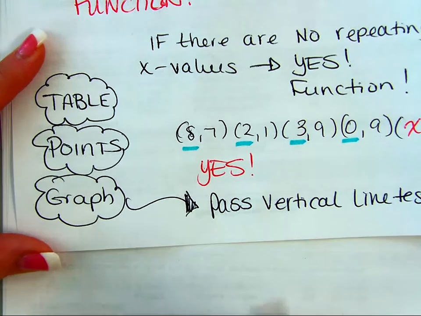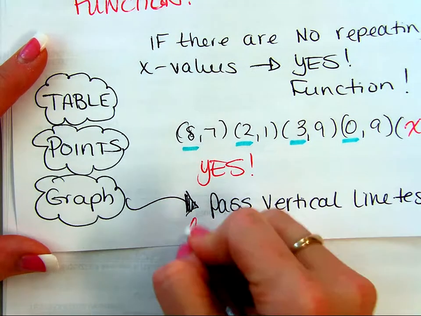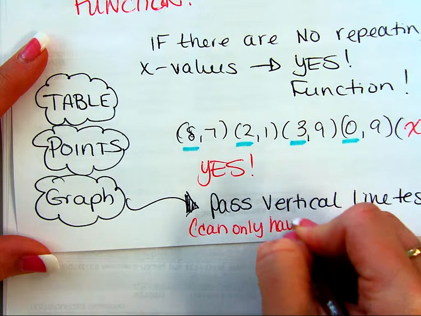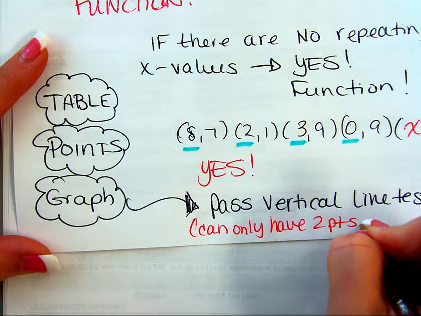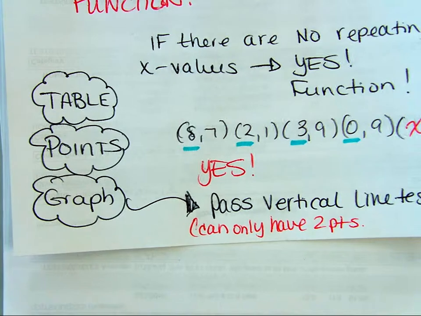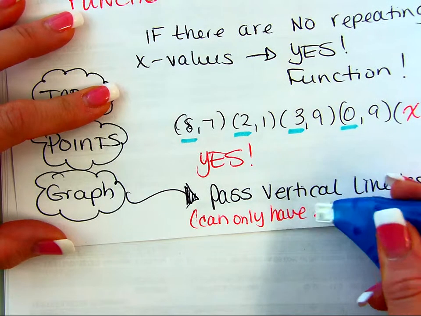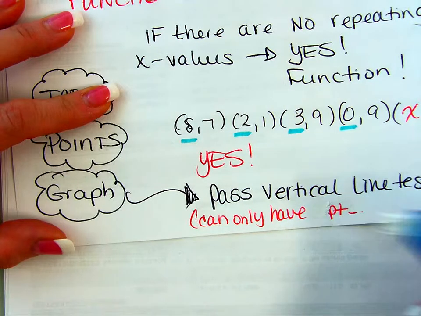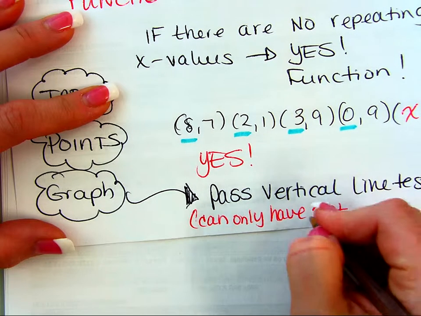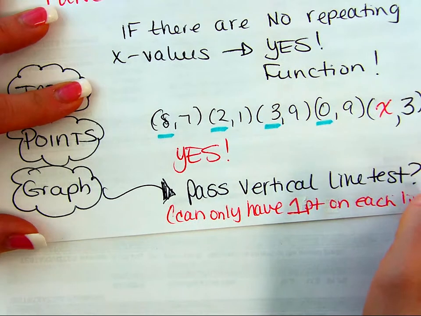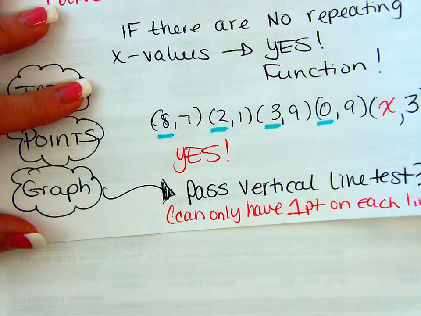Meaning, you can only have 1 point per line. Sometimes I'll say what it can. And so you can only have 1 point on each line. Otherwise it fails and it's not a function.